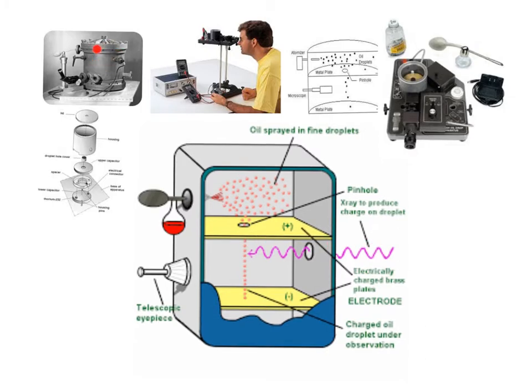Millikan, in his original experiment, had a radiation source. The drops do become charged by spraying, but if you have a radiation source, you can also change the charge on them. So you can have one drop and see how it moves with whatever charge it has from the rubbing, and then you can open the window to the radiation source and change the charge on it and collect more data on that drop.